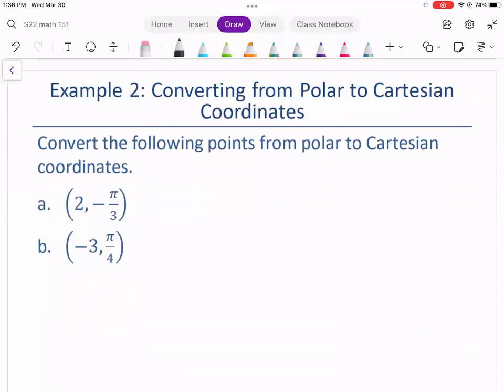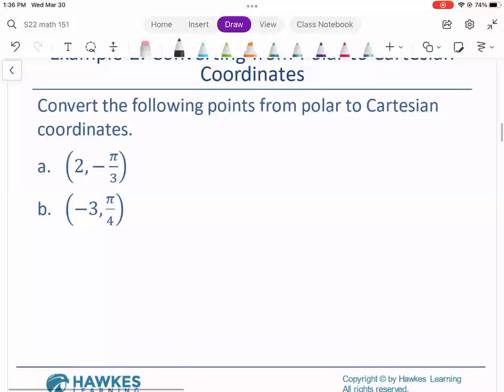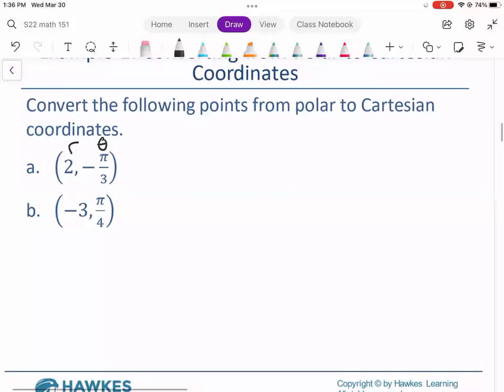So let's consider converting from polar to Cartesian for these 2 points. If we look here at the polar coordinates, we know this is our r and this is our theta. To calculate our x value, we know that x is equal to 2 times the cosine of negative pi over 3.